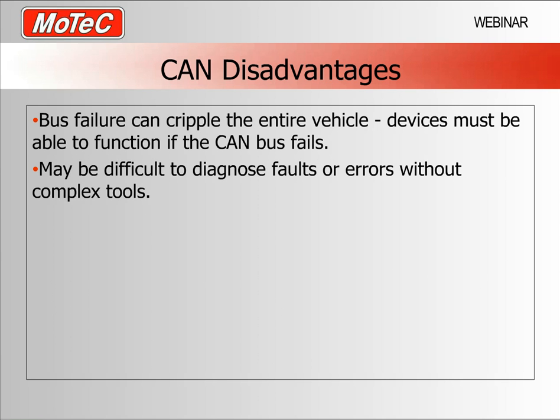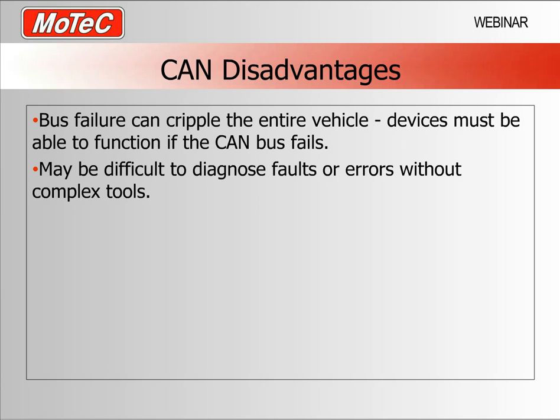There are a few disadvantages with CAN systems, but in many senses the advantages far outweigh the disadvantages. One problem is that if the bus does fail, this exchange of data, of course, won't take place. Many modern vehicles have a very high dependency on CAN bus. Typically, modern cars have ABS, gearbox, and ECU, and all these systems are built into the CAN bus.